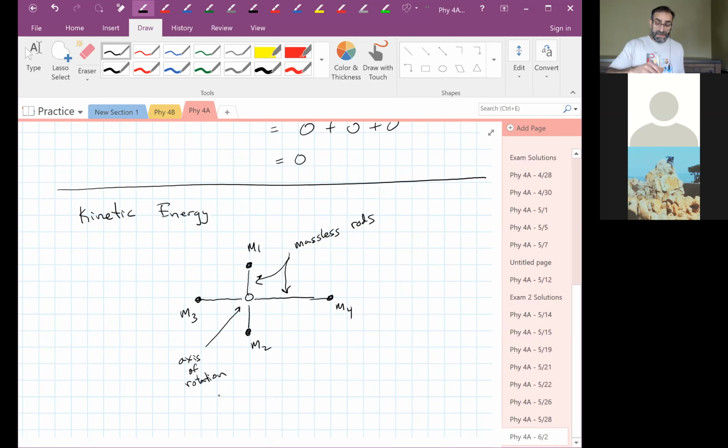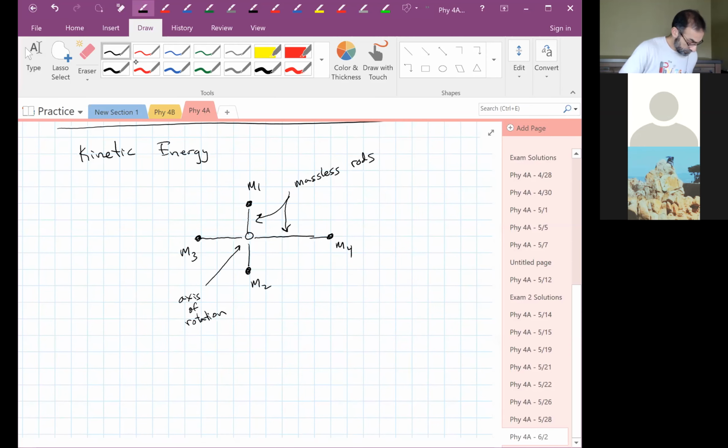Axis of rotation perpendicular to the plane of the page, and these are going to start rotating. And if this thing is rotating, we want to know what's the kinetic energy of the system, of this rotating system.